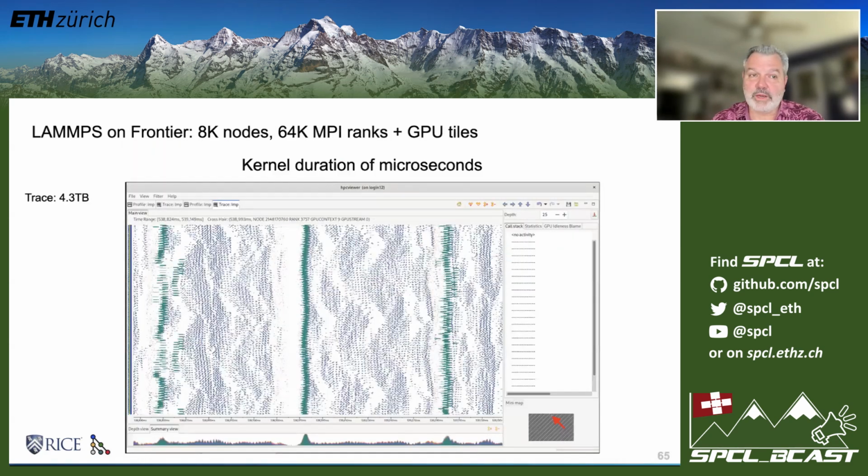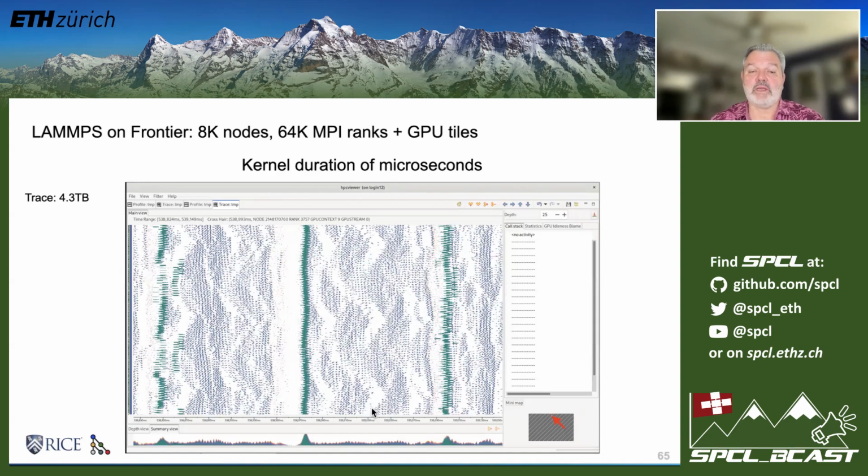Here's something else where we measured LAMMPS on 8K nodes with 64K MPI ranks and 64K GPU tiles. The kernel duration was microseconds, and you can see all of these strange patterns of propagating delays.